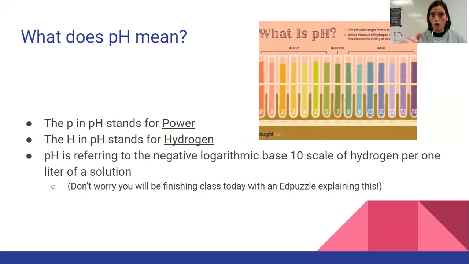But just so you know, for the rest of the slideshow, if you have a pH of 1, okay, a pH of 1 is a very strong acid. What that is saying is 1 out of every 10 molecules in 1 liter of water is going to be a hydrogen ion. All right, so that's a lot of hydrogen ion in 1 liter of water.